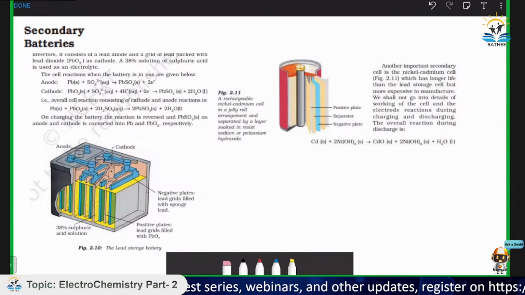Cell reactions are as follows. Your Pb turns to PbSO4, and at your cathode, your PbO2 turns to PbSO4. Don't remember this one, but remember the overall reaction. Your H2SO4 is getting broken down when you're using your inverter.